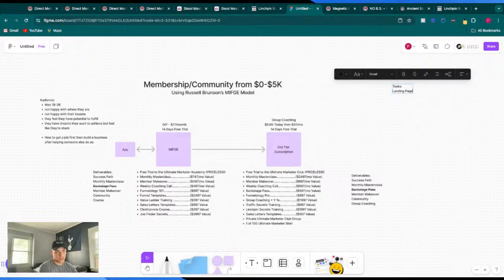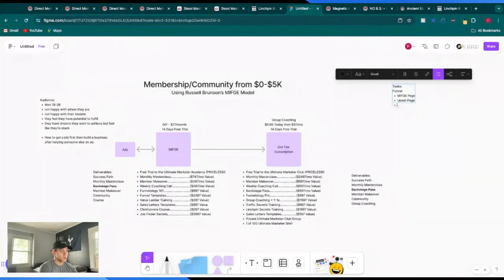Well, we've got to build out the whole entire funnel. So let's go funnel. And that includes the Mifki page, the upsell page.